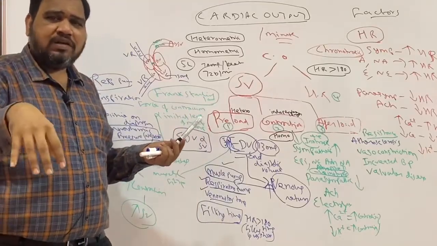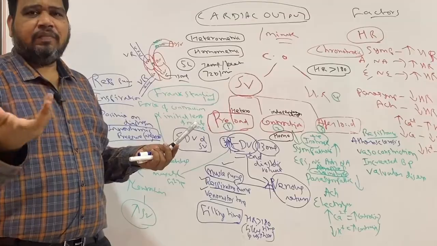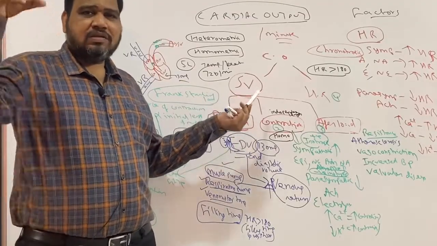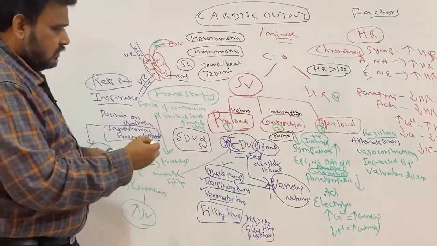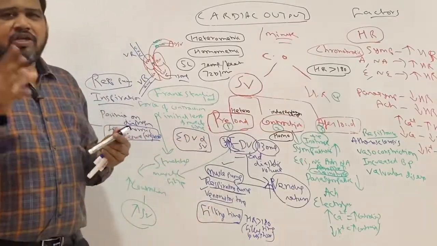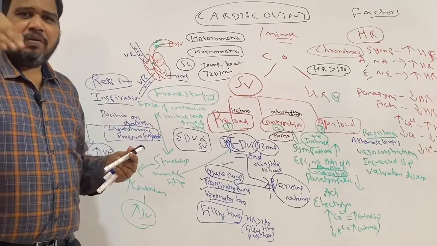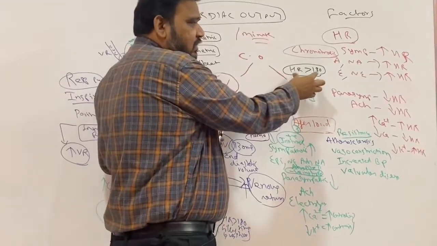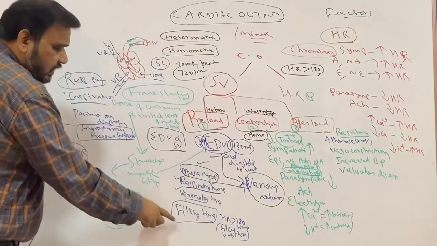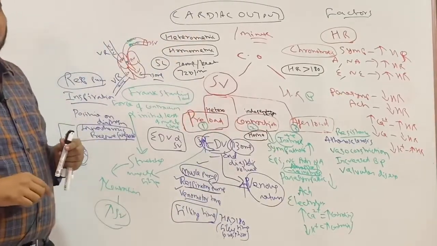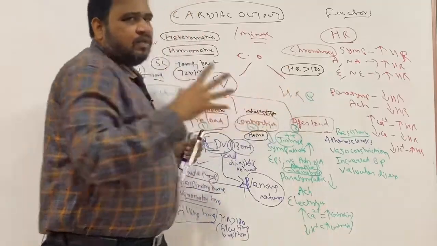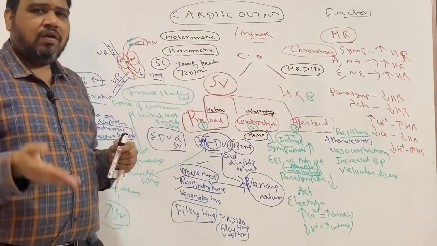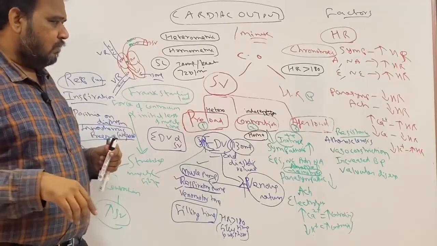But before the blood fills, the heart starts contracting. Then your stroke volume becomes less because the venous return is less. So the end diastolic volume is less because even before the blood fills the ventricles, they start contracting. That's what I mentioned in the preload: filling time is also one of the important factors. But below 180, as the formula suggests, whenever heart rate is more, stroke volume will be more and cardiac output will be more. That you have to remember.